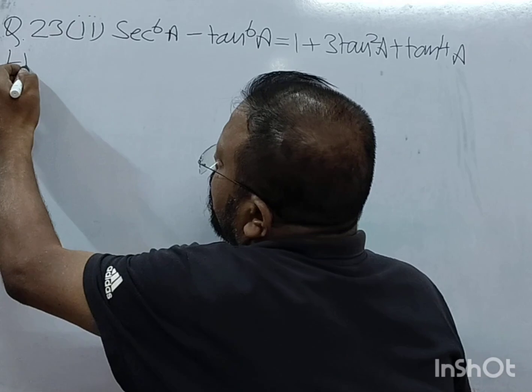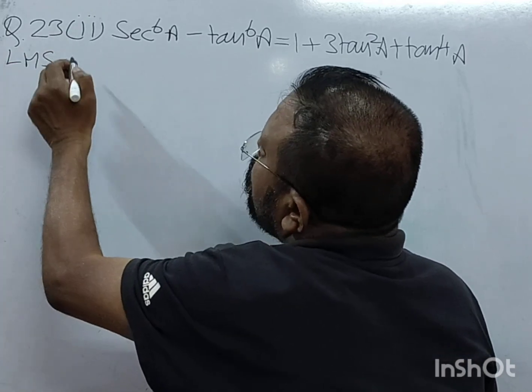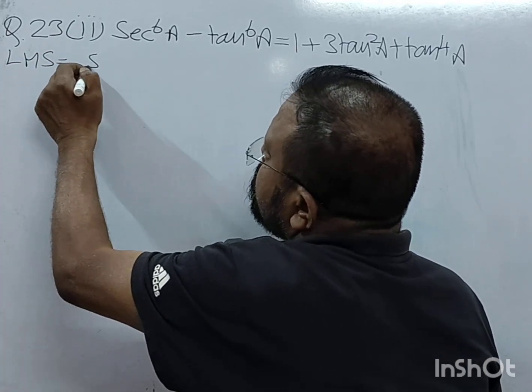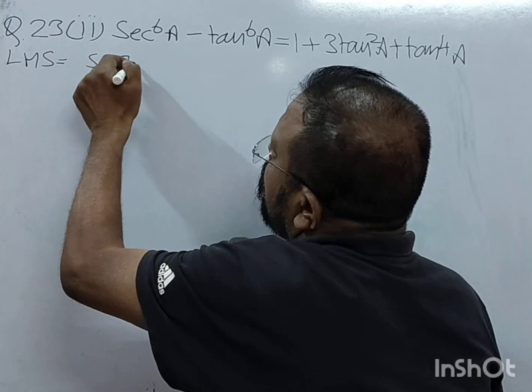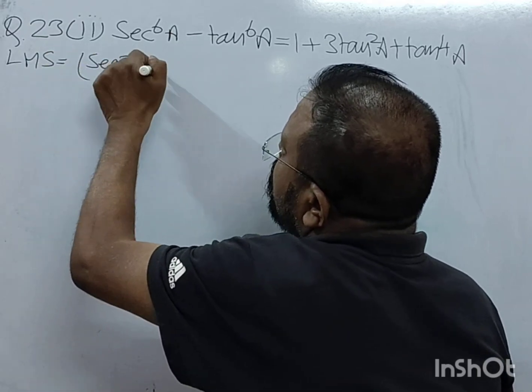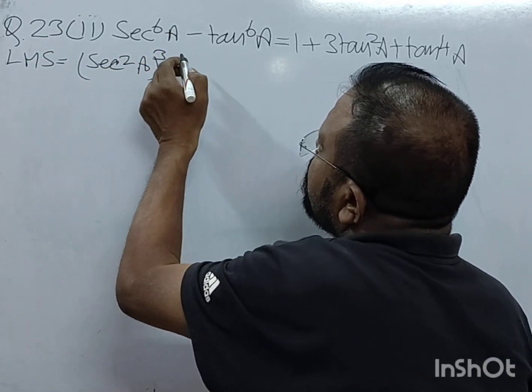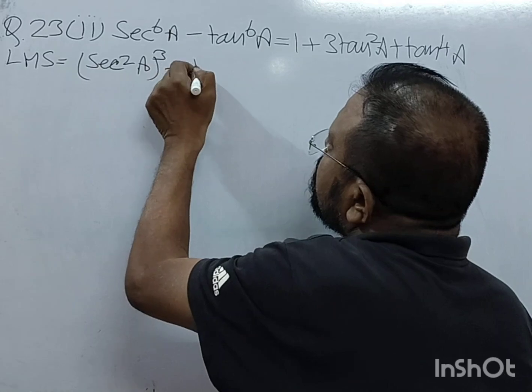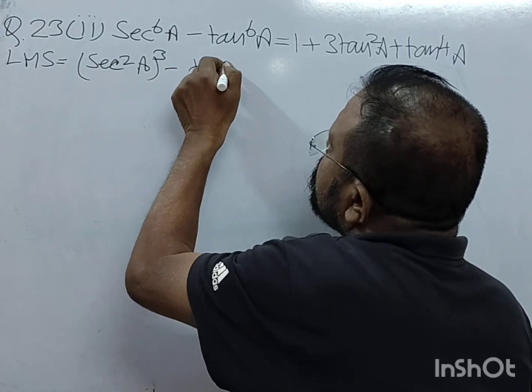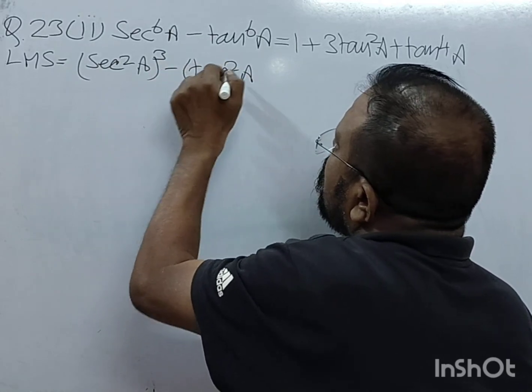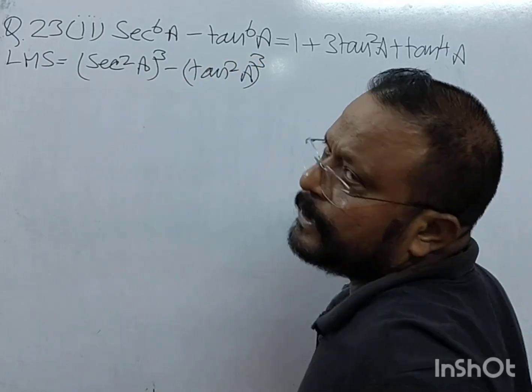So you write here, LHS is equal to sec square a whole cube minus tan square a whole cube, right?